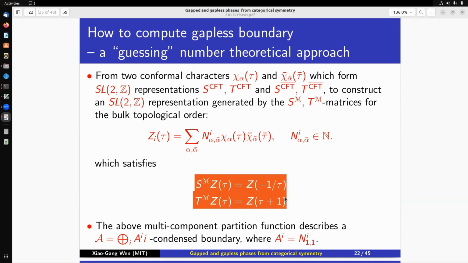So this is really the guessing way. It is basically a computer search and also some human intuition. You need to guess which two conformal characters you want to try. Then there's a program to find out these coefficients.